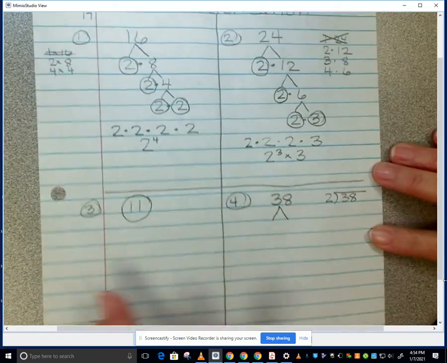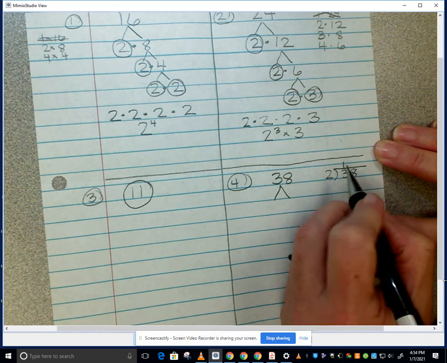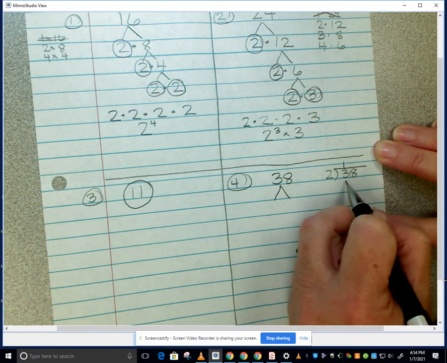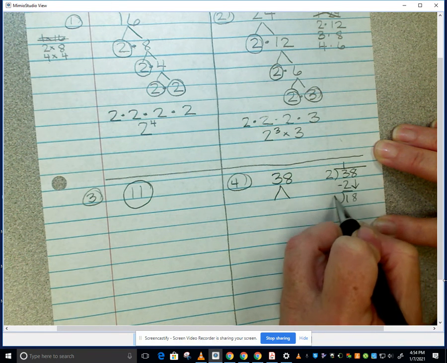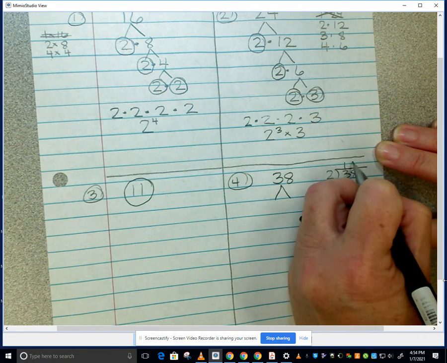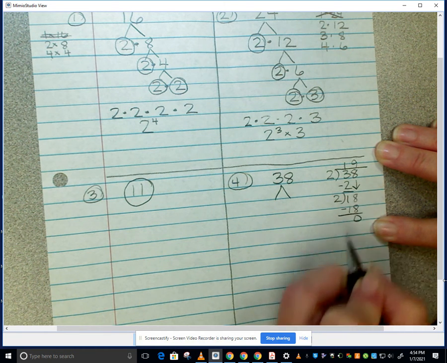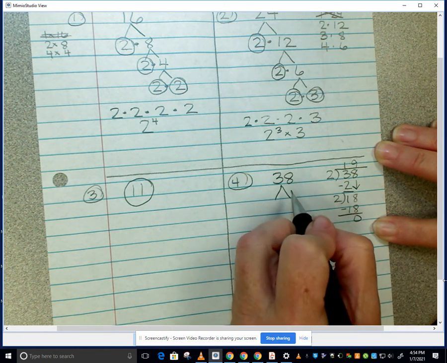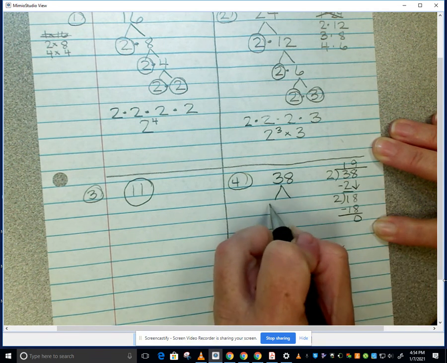Divide them and see if you can find a number. Watch this. 2 will go into 3 one time. 1 times 2 is 2. Subtract 1. Bring down my 8. 2 will go into 18 9 times. 2 times 9 is 18. Subtract 0. So 38, I could do 2 times 19.